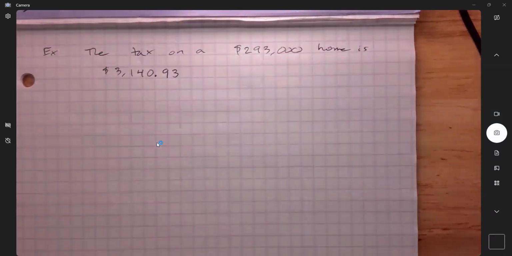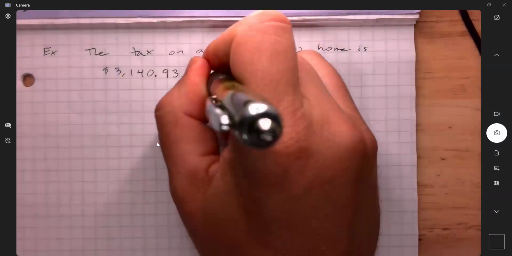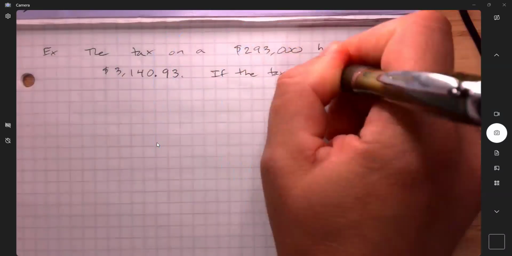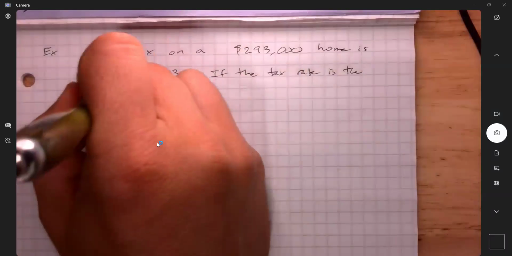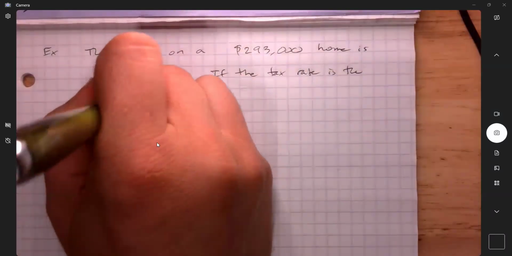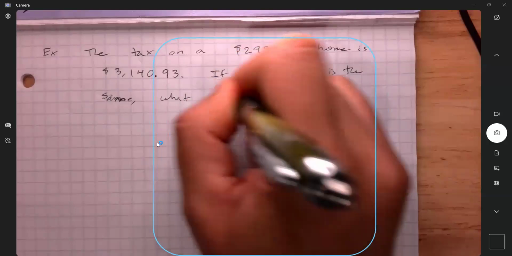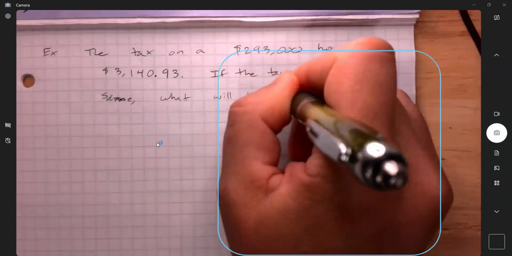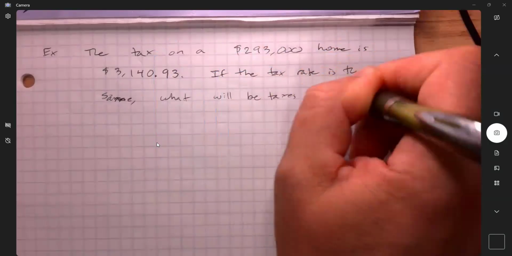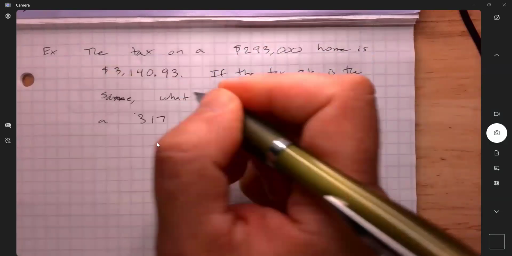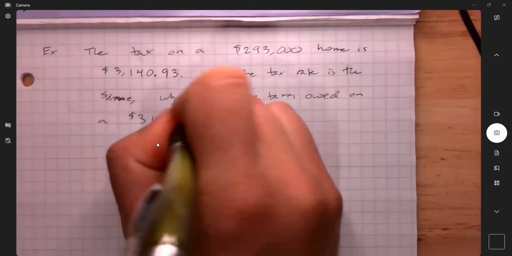So the house is valued at $293,000 and the taxes were $3,140.93. If the tax rate is the same, what will be the taxes owed on a $317,000 home?